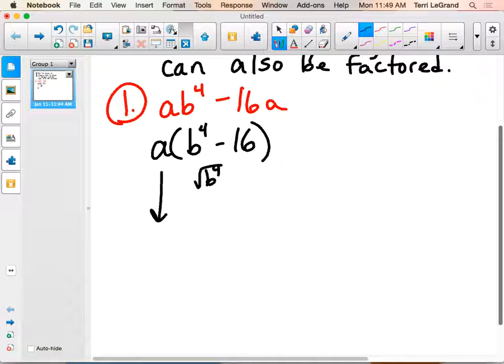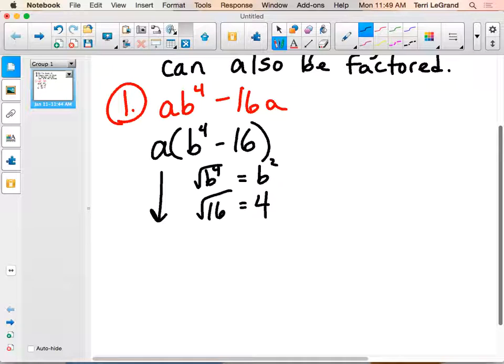We can take the square root of b to the 4th and the square root of 16. Square root of b to the 4th is b to the 2nd, or b squared. And the square root of 16 is 4. 4 times 4 is 16.